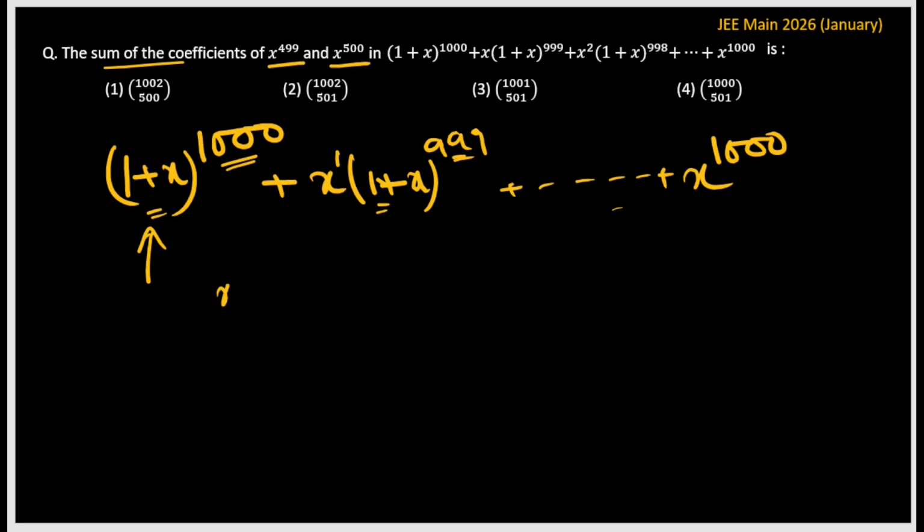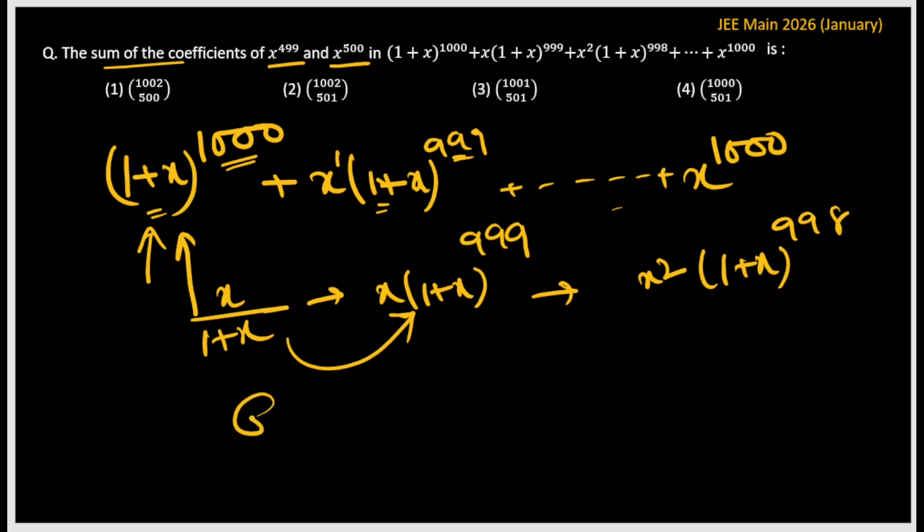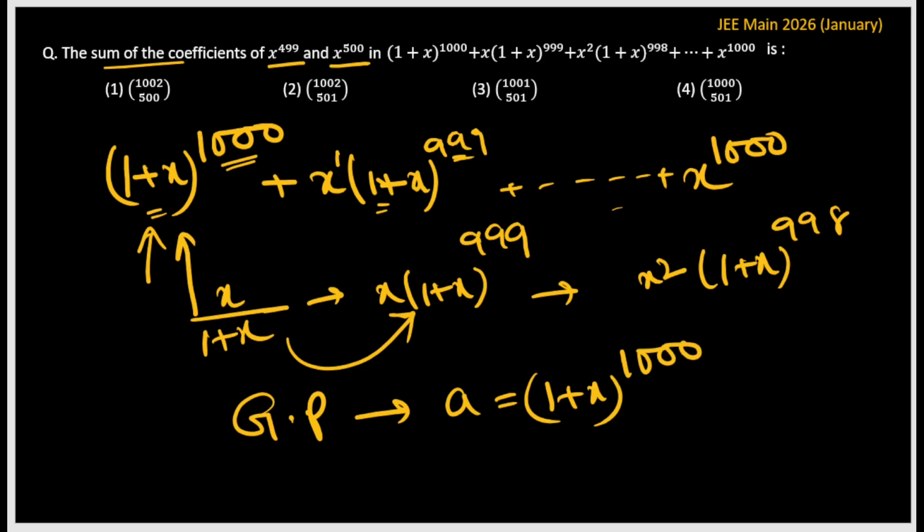If we multiply the first term by x/(1 + x), we get the second term x(1 + x)^999, and if we multiply this term by x/(1 + x), we get the third term x^2(1 + x)^998. So we get a GP series whose first term a is (1 + x)^1000 and common ratio r is x/(1 + x).